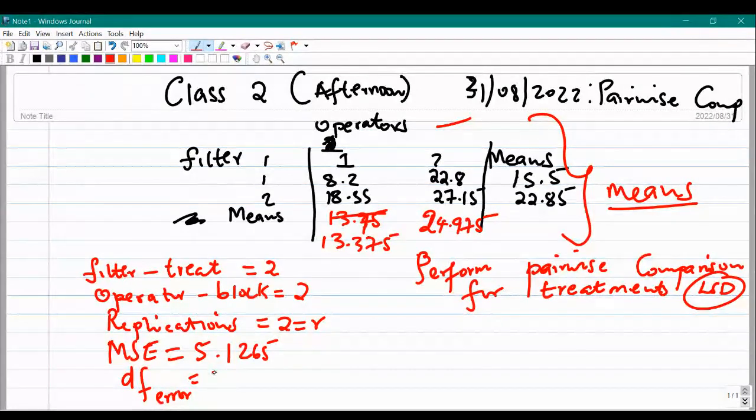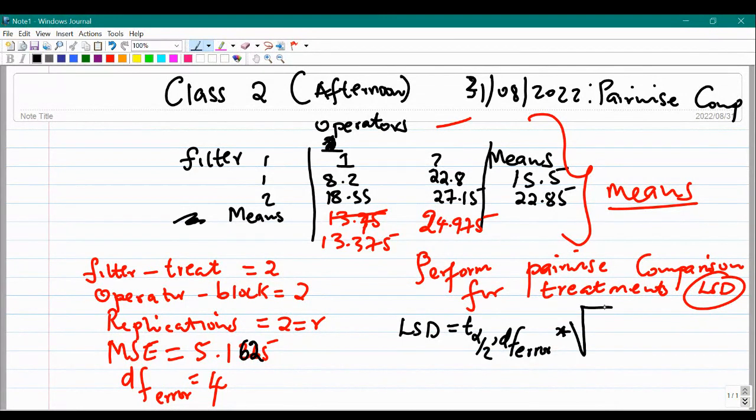The LSD is given by t alpha over 2 with degrees of freedom of error, multiplied by the square root of 2 MSE over BR, because our focus is on the treatment, right?